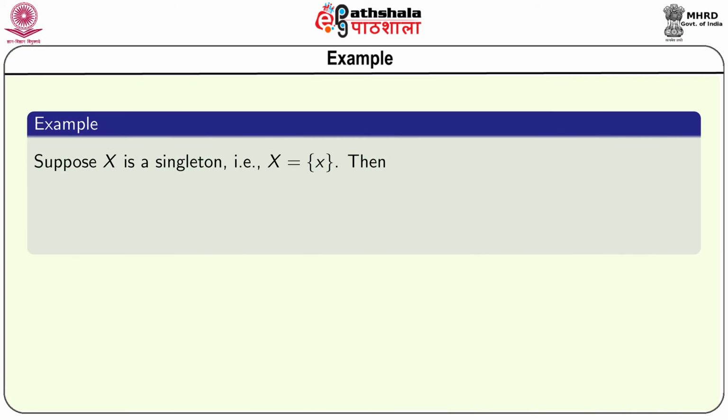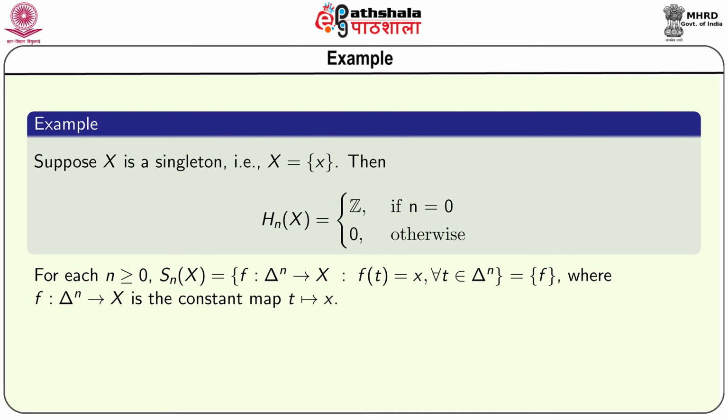Suppose capital X is a space containing only a point small x. Then we shall see that H_n(X) is the group Z of integers when n equal to 0 and 0 otherwise. Let us see how we can compute this.